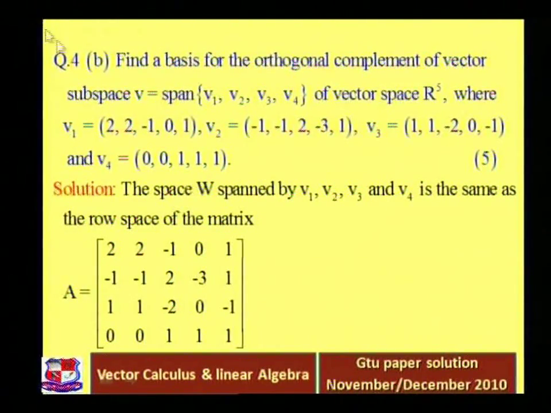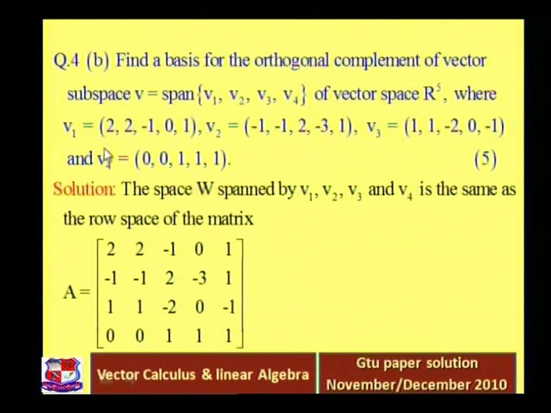Now first of all, just try to understand the question properly. Find the basis for orthogonal complement of vector space V. Now we want to find orthogonal complement of this vector space, where this vector space is a span of v1 v2 v3 v4, and these 4 vectors are vectors of R5, right?